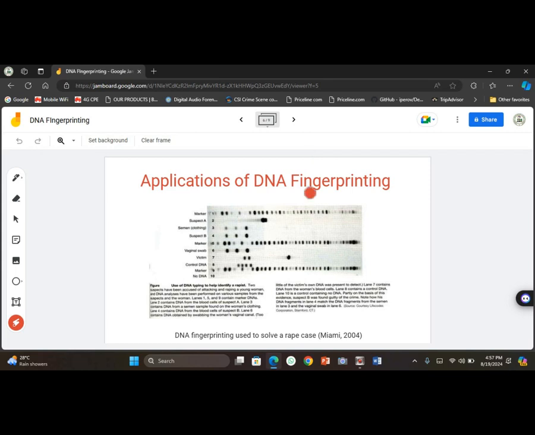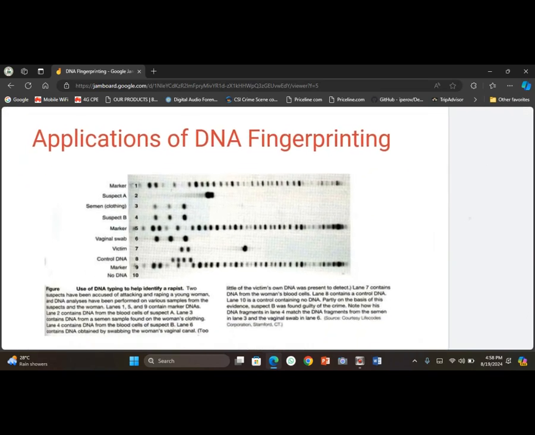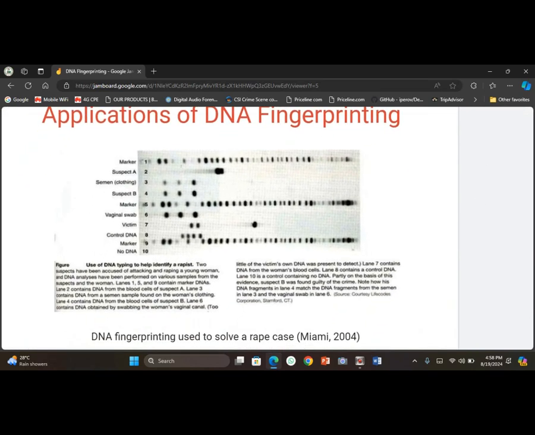Now look at what you have on the screen. This is an example of a fingerprinting investigation of a rape case. In the figure we are looking at here, you have two suspects, suspect A and suspect B. The clothing from which you have the semen was also used.